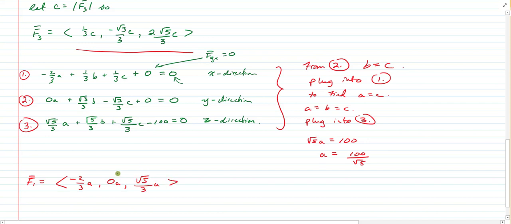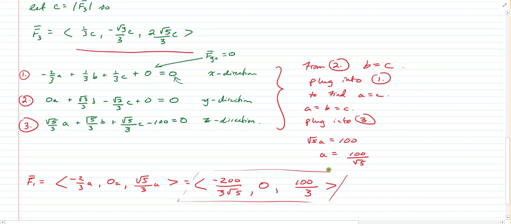If I replace A with 100 over the square root of 5, I would get minus 200 all over 3 square root of 5, comma, this is still going to be 0. And then this would be 100 square root of 5 over 3 square root of 5, so the square roots of 5 cancel, and I just get 100 over 3 for that component. And now I've got this force vector.